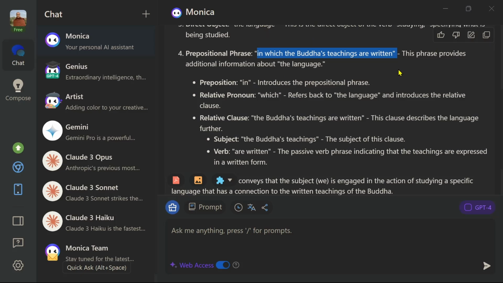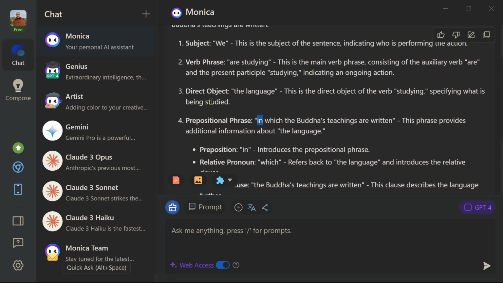Remember, a clause has a subject and a verb, and maybe more things. But sometimes you have just words with no subject and verb. It's a phrase. So this is a phrase. It starts with a preposition, so it's a prepositional phrase.